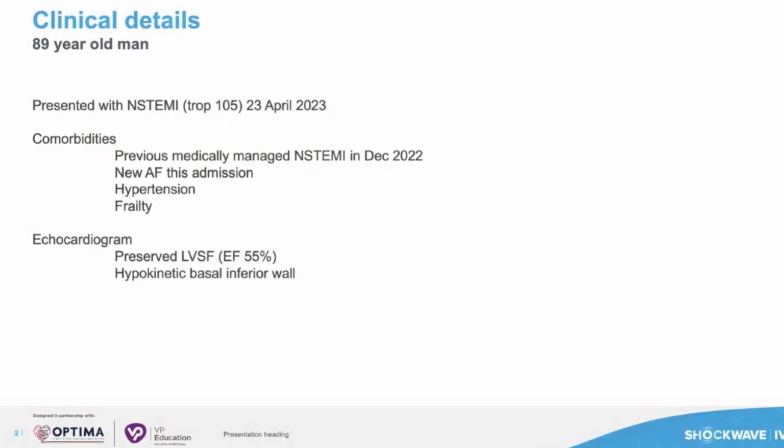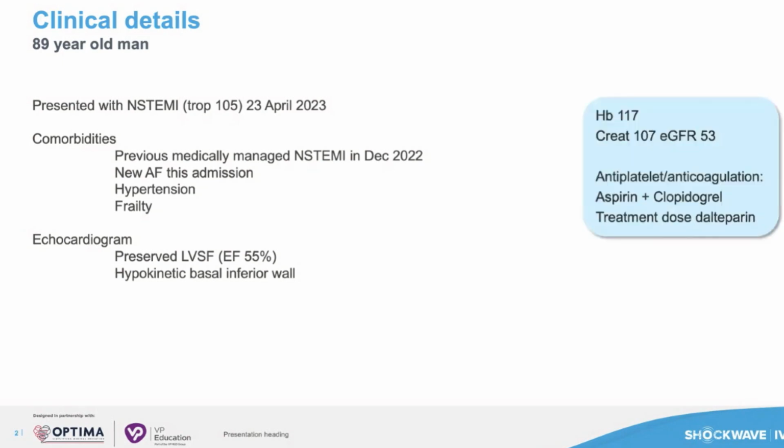His echocardiogram this admission showed an ejection fraction of 55% with a hypokinetic basal inferior wall. Hemoglobin is satisfactory at 117. He has mild CKD with an eGFR of 53. He's been started on treatment dose dalteparin as well as dual antiplatelet therapy for his AF.